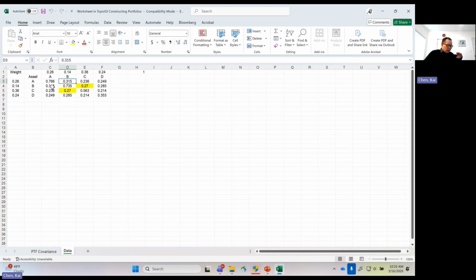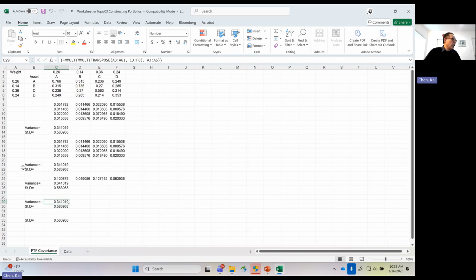I believe you can do this by yourself. This sheet shows the operation. You can do this step by step. And after you get the variance, take the square root of the variance, and you have the standard deviation.